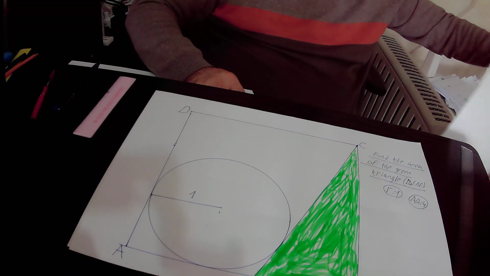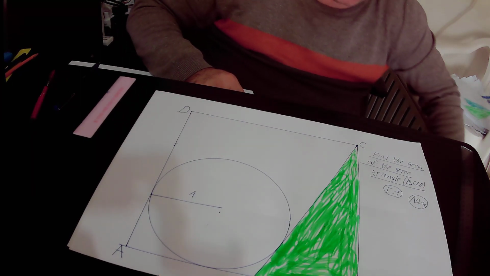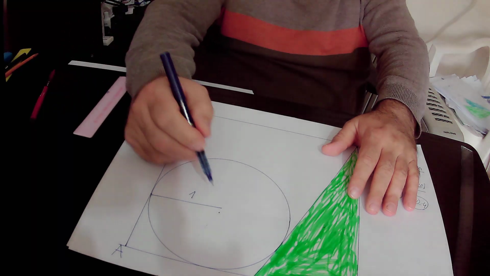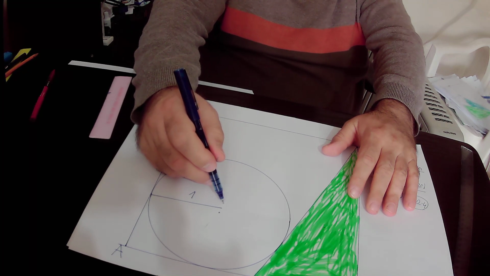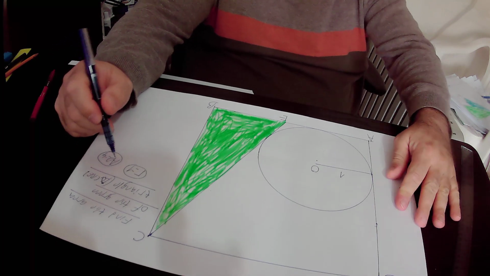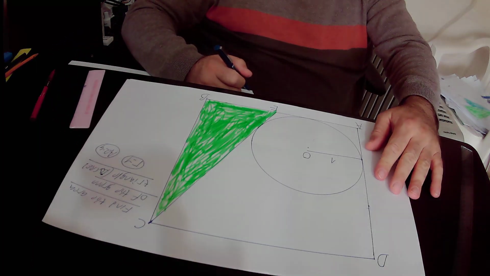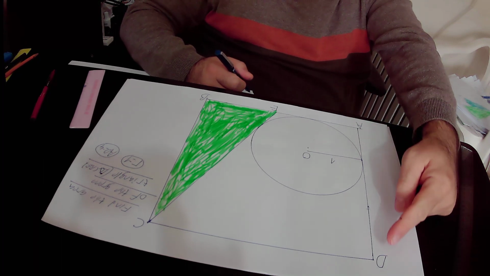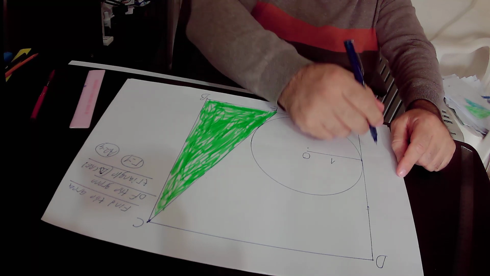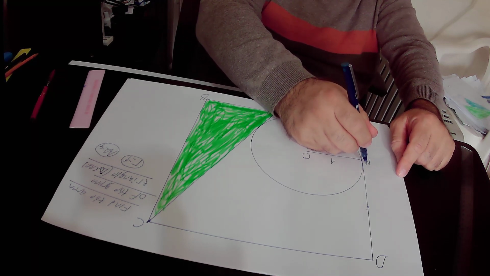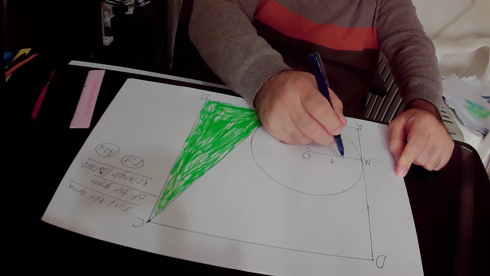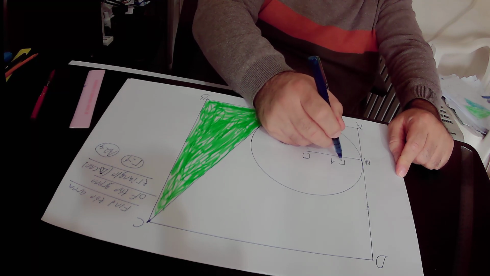And we actually can implement rule number 1 in our drawing, because first of all, we will define the center of this circle as point O, and we will define the point of tangency of tangent AD with this circle as point M. So actually OM is the radius of this circle that equals 1 unit, R equals 1.